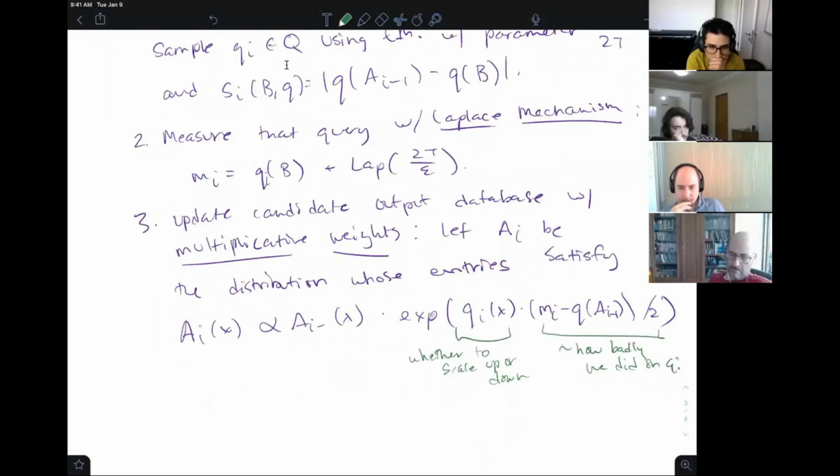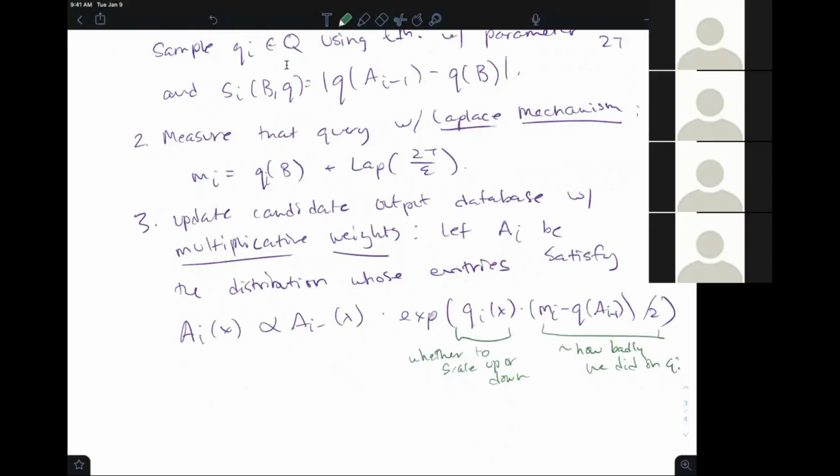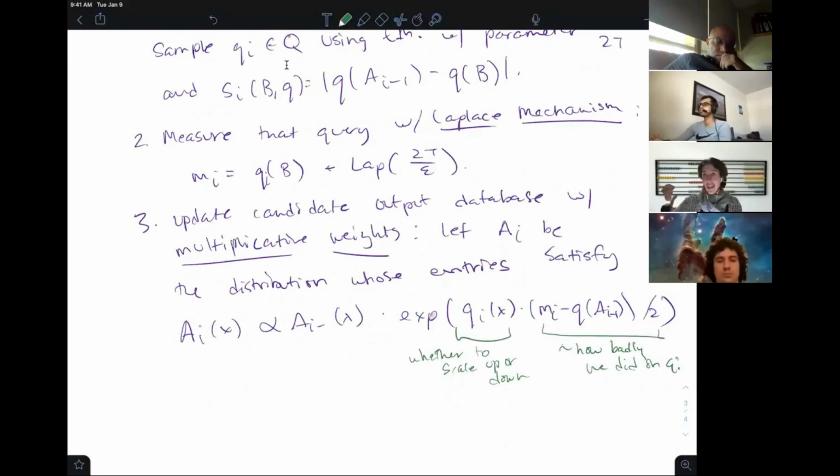But intuitively, what's going on is, okay, here's a query you're doing poorly on. Go through all your database elements, and you're going to bump them up if bumping them up makes you do better on this query, and you're going to bump them down in terms of how much probability mass they get if bumping them down makes you do better on this query.